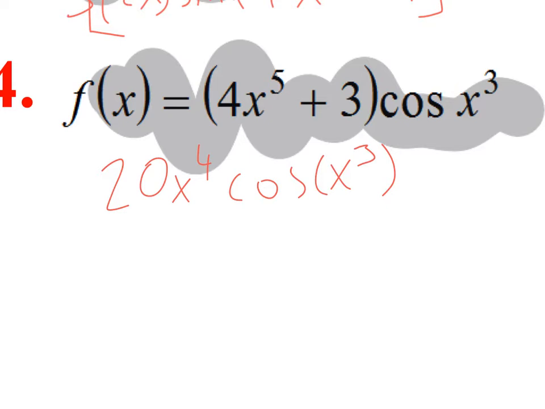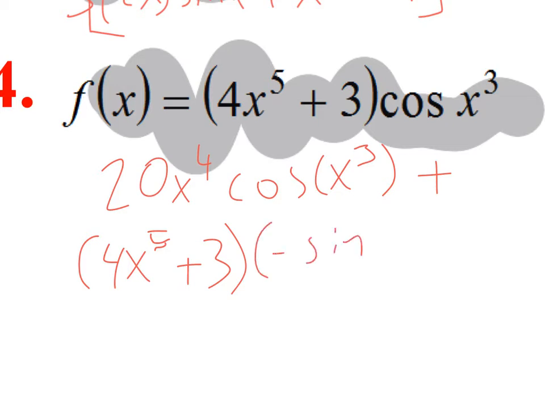And then plus, we're going to leave the first part alone, so 4x to the 5th, plus 3 times the derivative of cosine of x cubed. That will be negative sine of x cubed times the derivative of the inside, which is 3x squared.